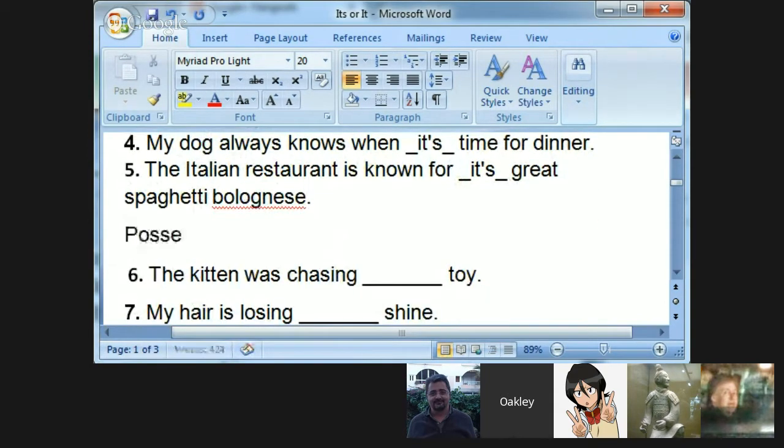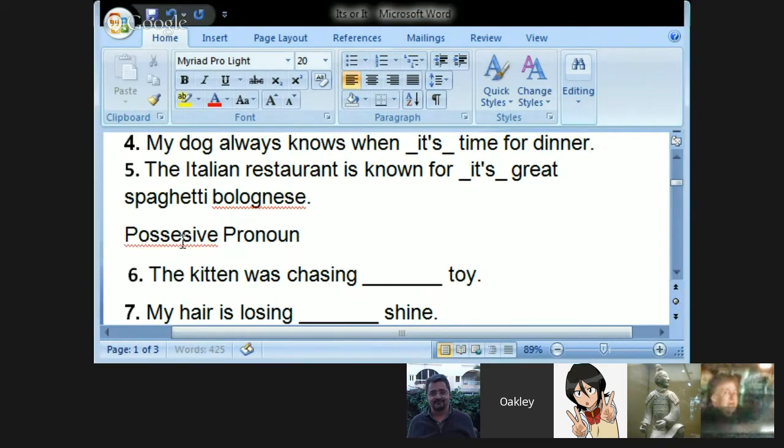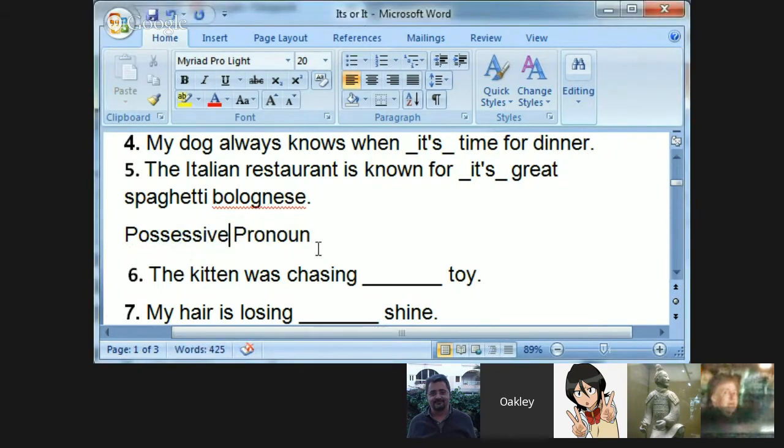That is possessive. To possess something is to have something. So here it is. Possessive pronoun. Yes. Oops, and I didn't spell it right. I always forget where the S's go. There's double S, double S. See?